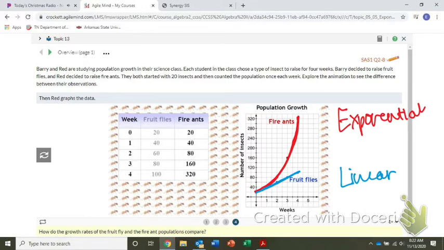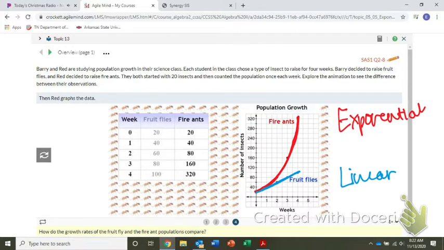So we're just multiplying by 2s. So instead of a constant addition, we have a constant multiplier. Okay, because we're doing constant multiplication.